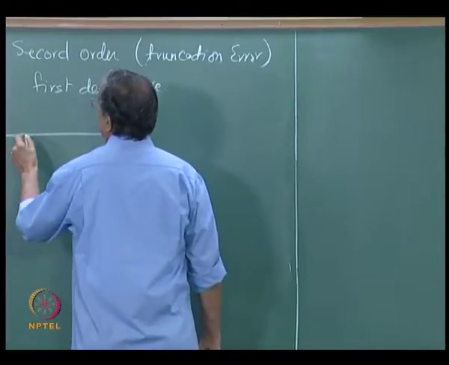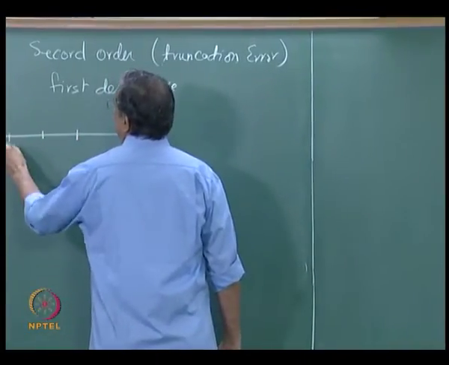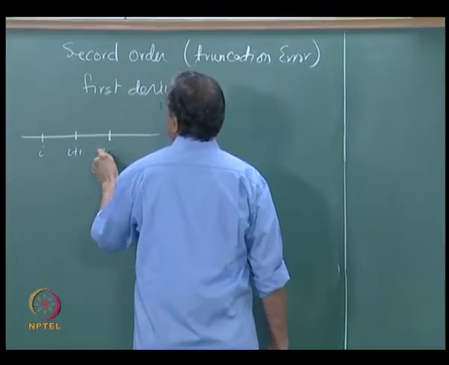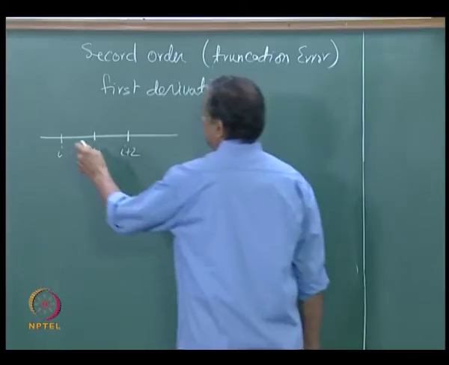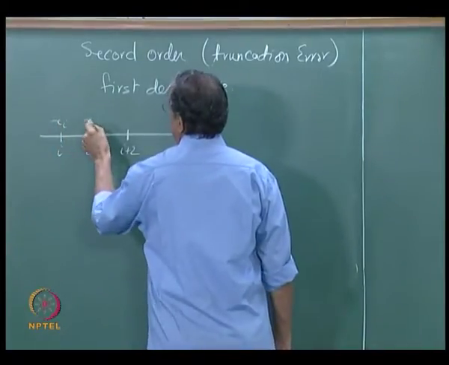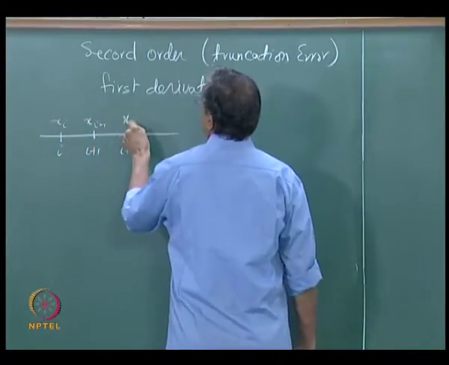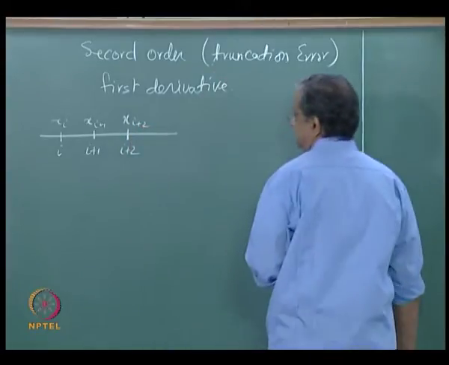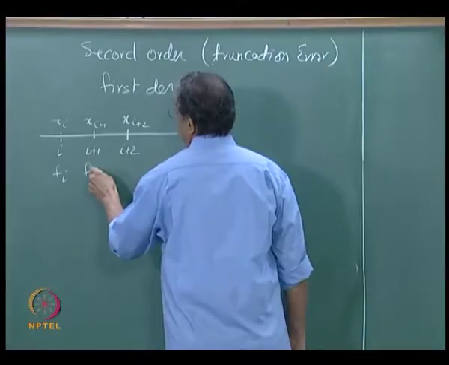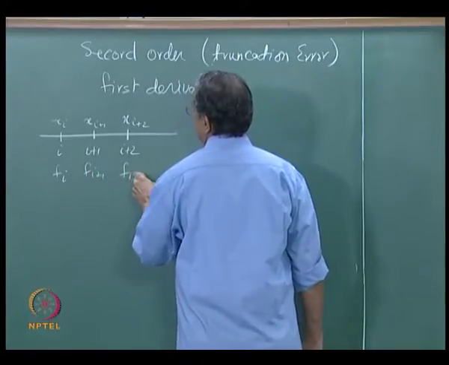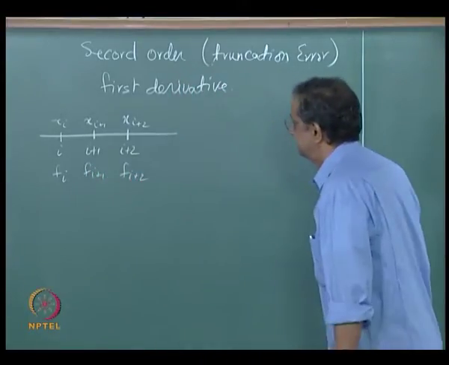So if I have the points i plus 1, i plus 2, these are located at x_{i+1}, x_{i+2}. The function values there are f_{i+1}, f_{i+2}.